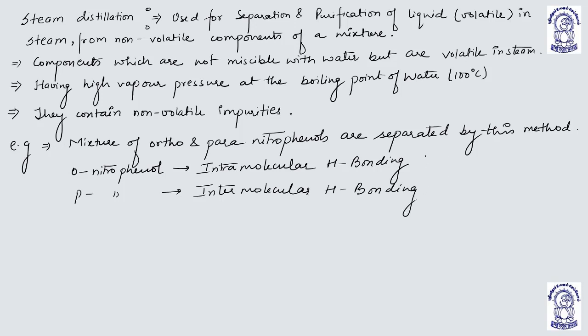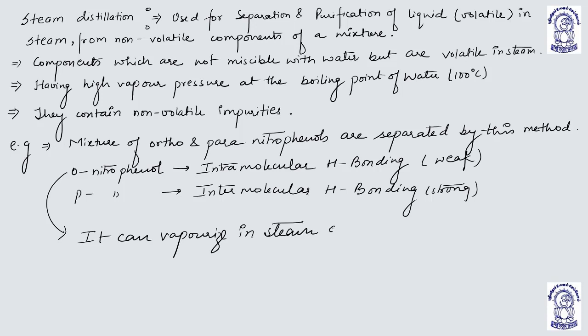Therefore, the intramolecular hydrogen bonding is weak and the intermolecular one is comparatively strong. So ortho-nitrophenol comes into its vapor phase and gets volatile in steam. It can vaporize in steam, leaving behind para-nitrophenol. Okay, understood? Yeah.